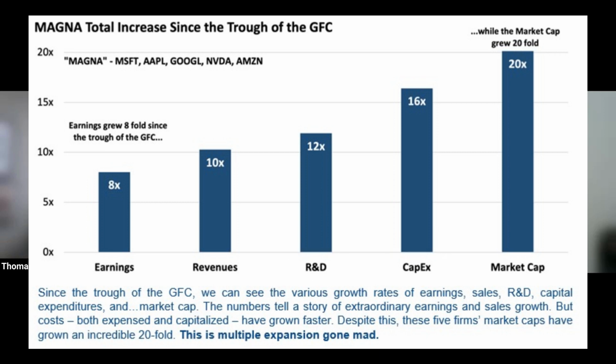And with all that, their market caps have grown 20-fold. So with costs increasing more than earnings and revenue, it's not improving fundamentals. The group as a whole looks very expensive relative to the broader market. Exactly. So most of it's been driven by multiple expansion.